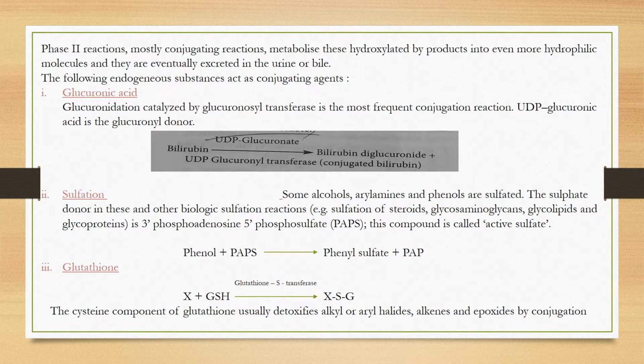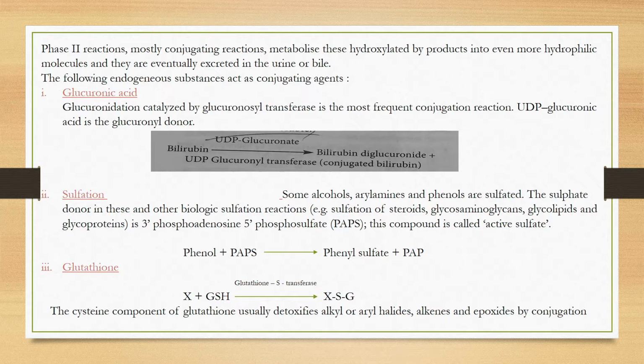Some alcohols, aryl amines and phenols are sulfated, and the sulfate donor here, as in other biologic sulfation reactions like sulfation of steroids, glycosaminoglycans, glycolipids, and glycoproteins, is 3' phosphoadenosine 5' phosphosulfate, also called PAPS, the active sulfate. See, this phenol undergoes sulfation to form phenyl sulfate and PAP.